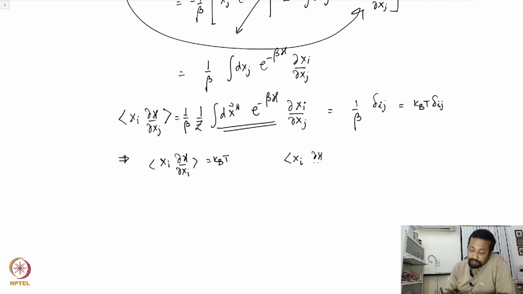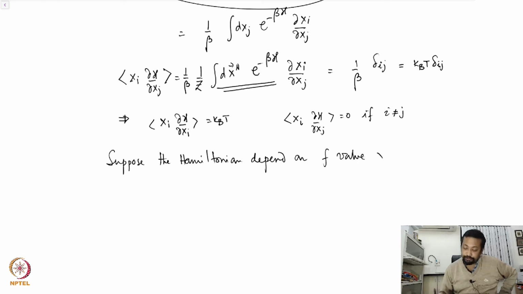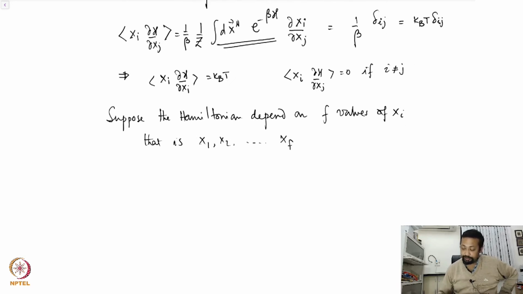∂H/∂x_j is 0 if i is not equal to j. Now suppose the Hamiltonian depends on f such values of x_i, that is x_1, x_2 all the way up to x_f.